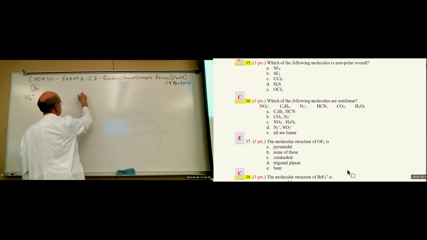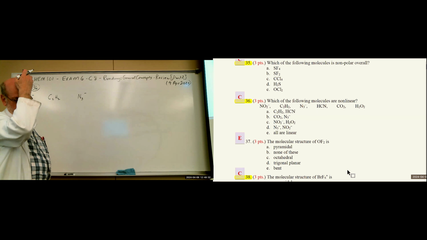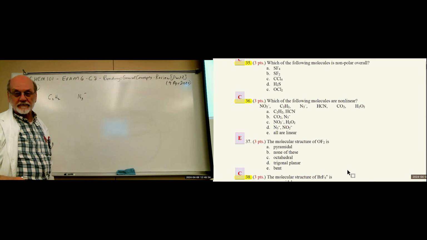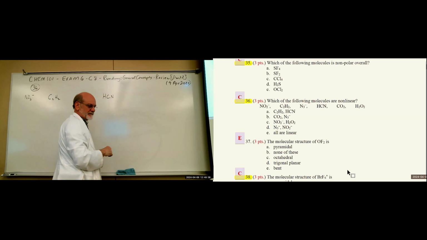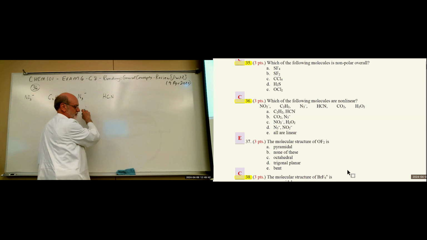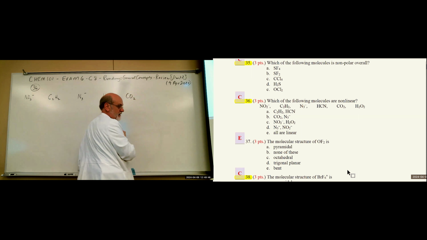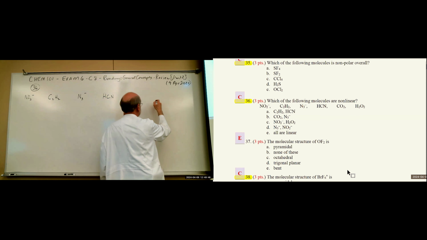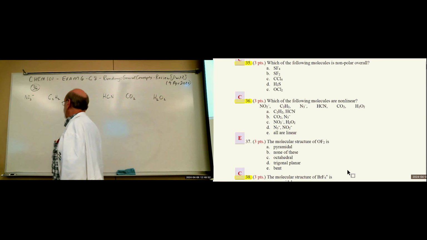And then N3 minus, which, this escapes me. HCN. Azide. That's the azide ion. Took me a second. CO2 and H2O2. Hydrogen peroxide. Okay.